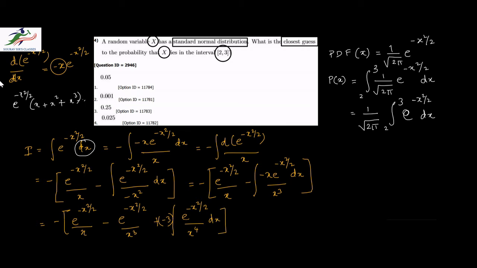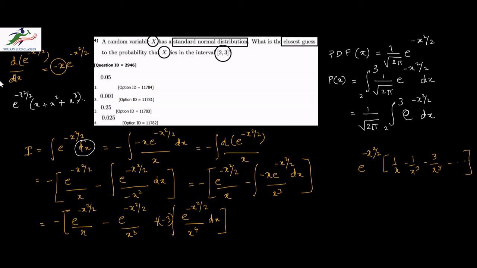So now we understand that the terms will be in terms of e to the power minus x square by 2 into 1 by x minus 1 by x cube minus 3 by x5 and so on. This is the form of the terms in this integral, and this will go on.